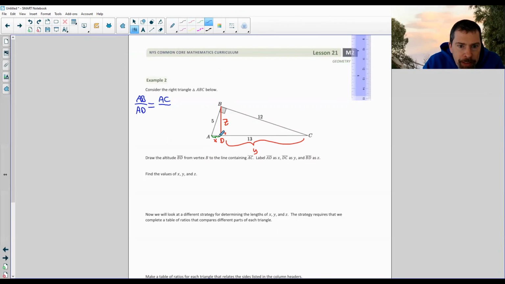So AB is to AD as AC is to AB. Hopefully that didn't confuse you there. Hypotenuse on top, short leg on the bottom for both triangles. Then I substitute in my givens. AB is 5, AD is x, AC is 13, AB is 5.